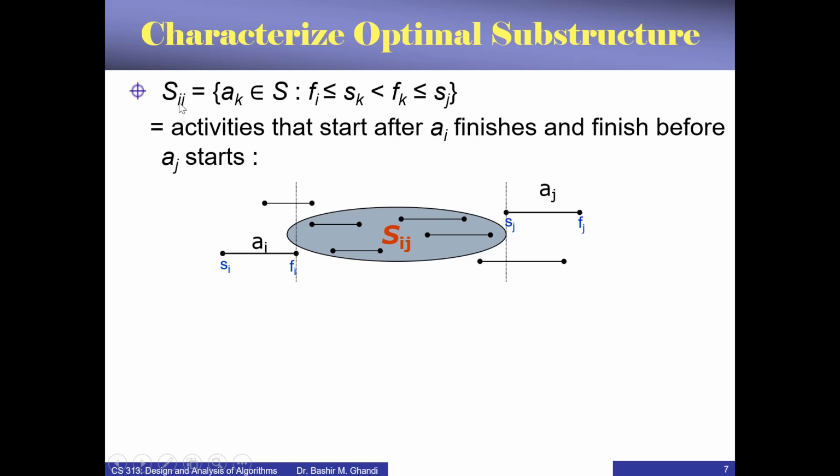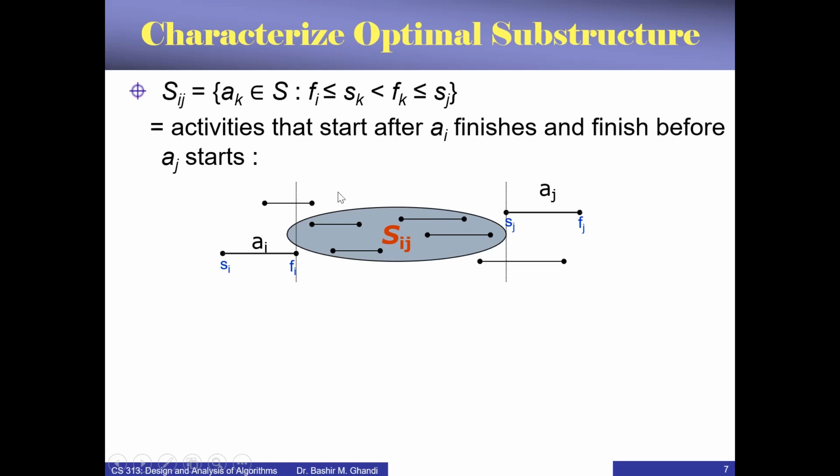That's why we have the subscript I. All activities in Sij start after the finish of activity AI, but they finish before the starting of the activity AJ. So you can see all the activities inside this set finish before the starting time of AJ, which is SJ. This is the time interval for activity AJ from SJ to FJ, and this is the time interval for activity AI, SI to FI.